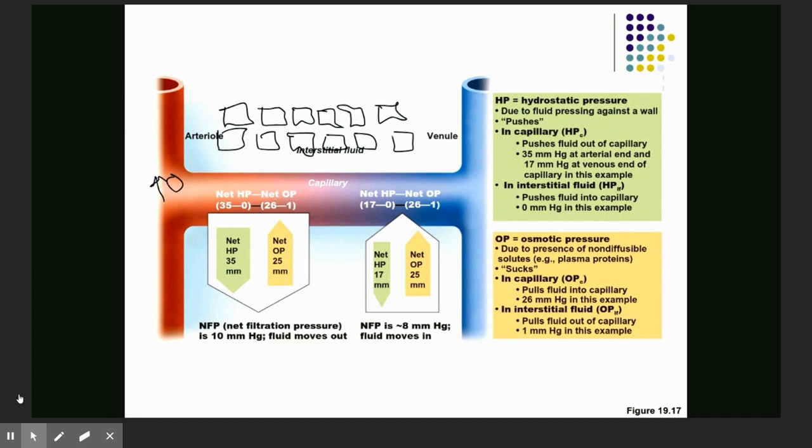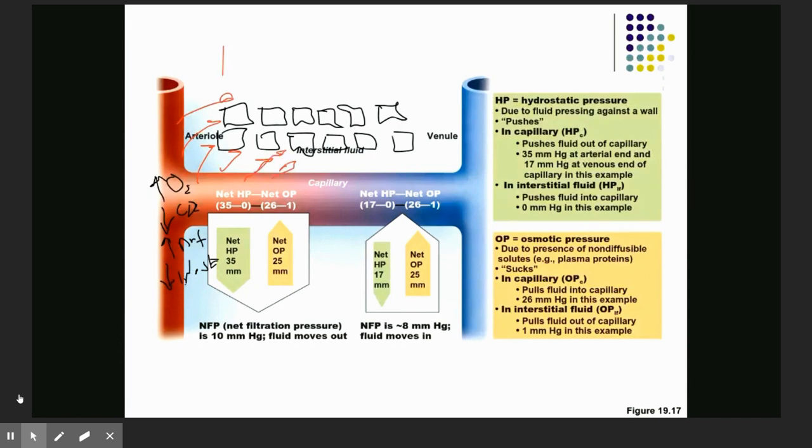It's red. It's low in carbon dioxide. It's high in nutrients. And it's low in waste products. That's what comes out. So that fluid, let's use red, comes out like crazy on this end, because what was the net filtration pressure on this end? Do you remember?